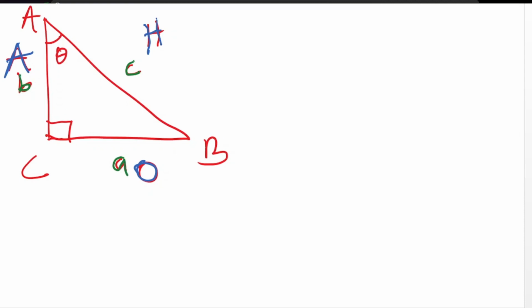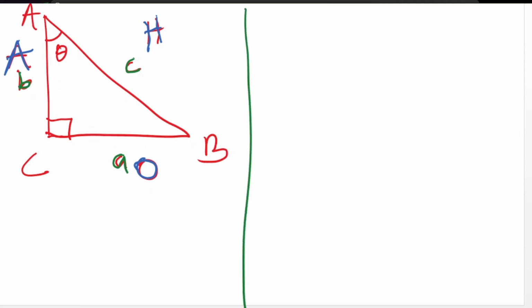Now, for us to apply this, let's start with cosec. Don't forget, cosec is the reciprocal of sine, which is 1 over sine.